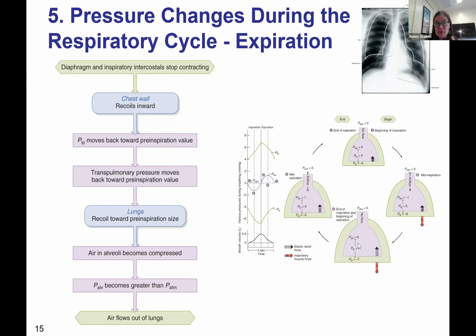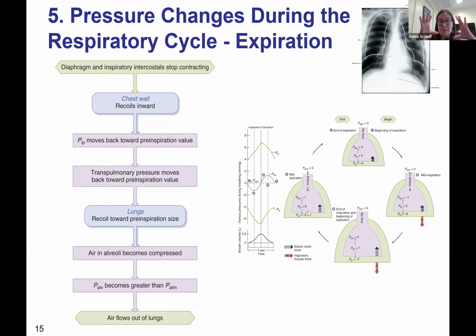And so we had a big transmural pressure there. And then we relax and we let that recoil come back. And so then we don't have as much of a vacuum anymore. And we're increasing the pressure, right? We were very negative and now we're less negative, less negative.